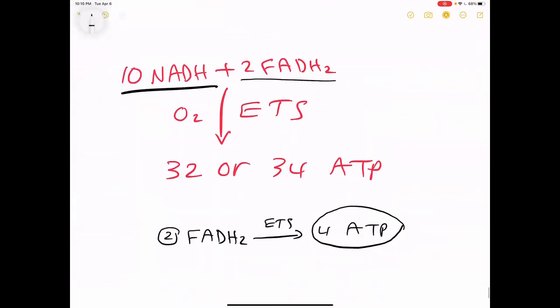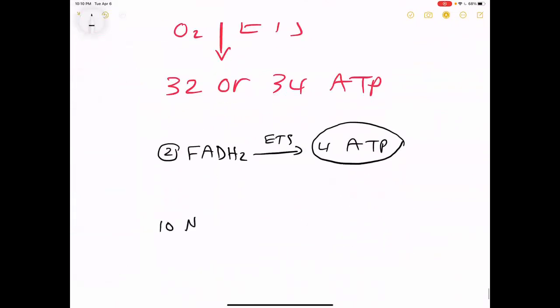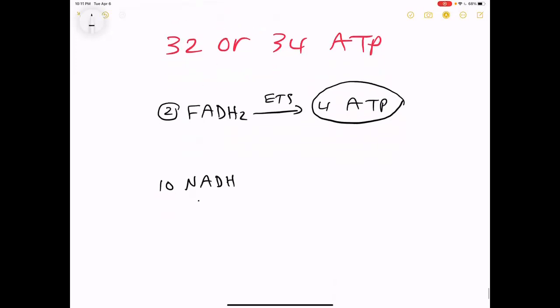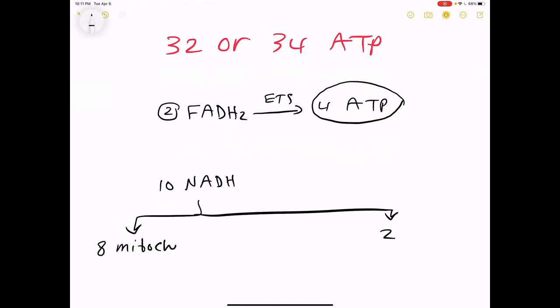I have 10 NADH, but those 10 are 8 and 2. What do I mean by that? 8 of them are mitochondrial and 2 are cytoplasmic.